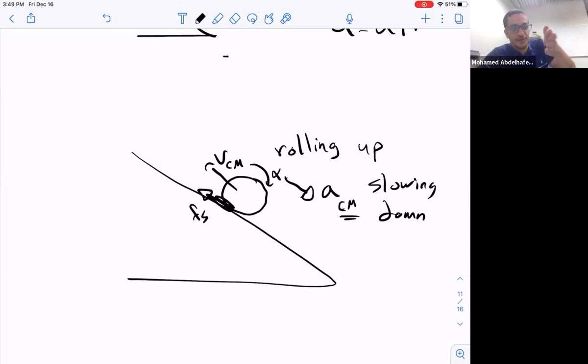Velocity is the way that you move. Acceleration is how the velocity is changing. So yes, I'm moving up, but I'm slowing down. Slowing down means that the acceleration is the other way. This is coming from gravity. Whether you go up the incline or down the incline, gravity pulls you down. The acceleration is always down. Yes, omega will be opposite to alpha, yes.